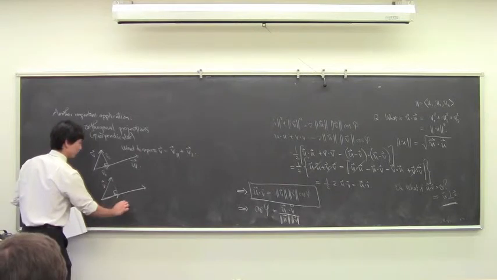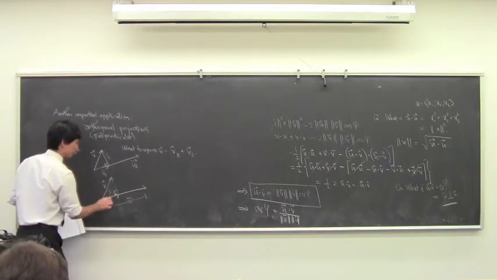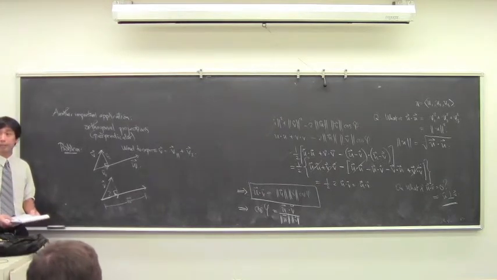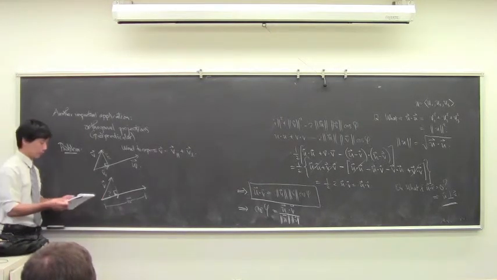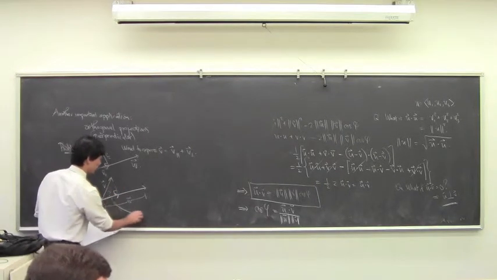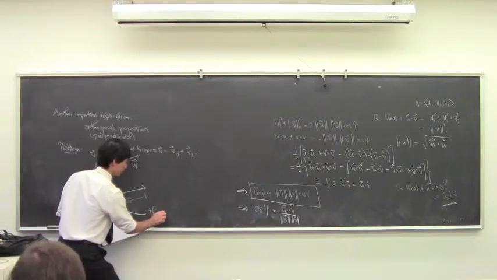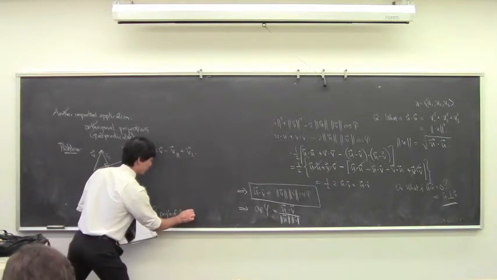So this is V, this vector is W, and we'd like to know what this little guy is. And this thing is called the projection of V on W.